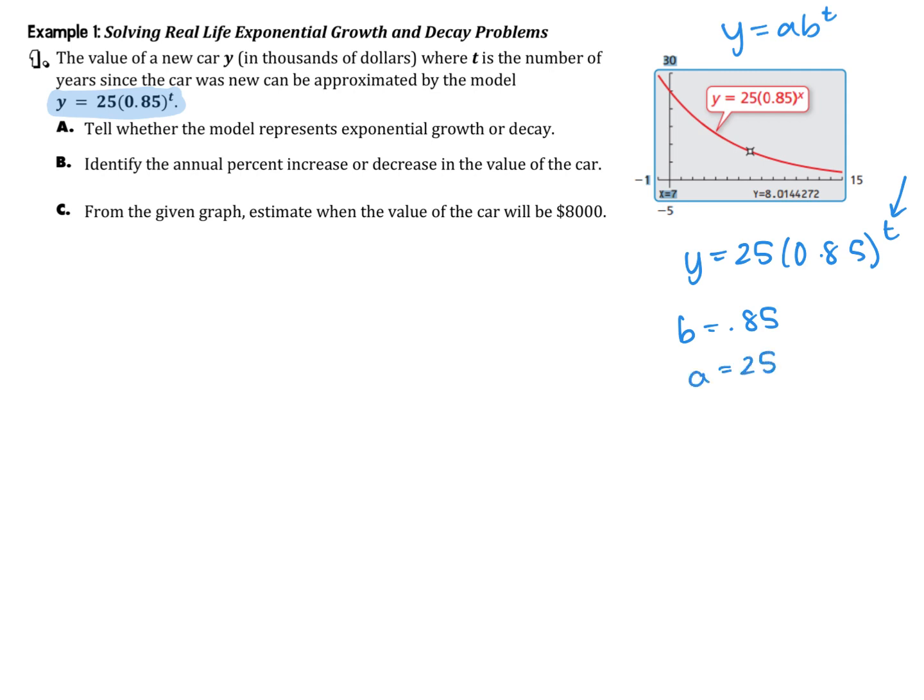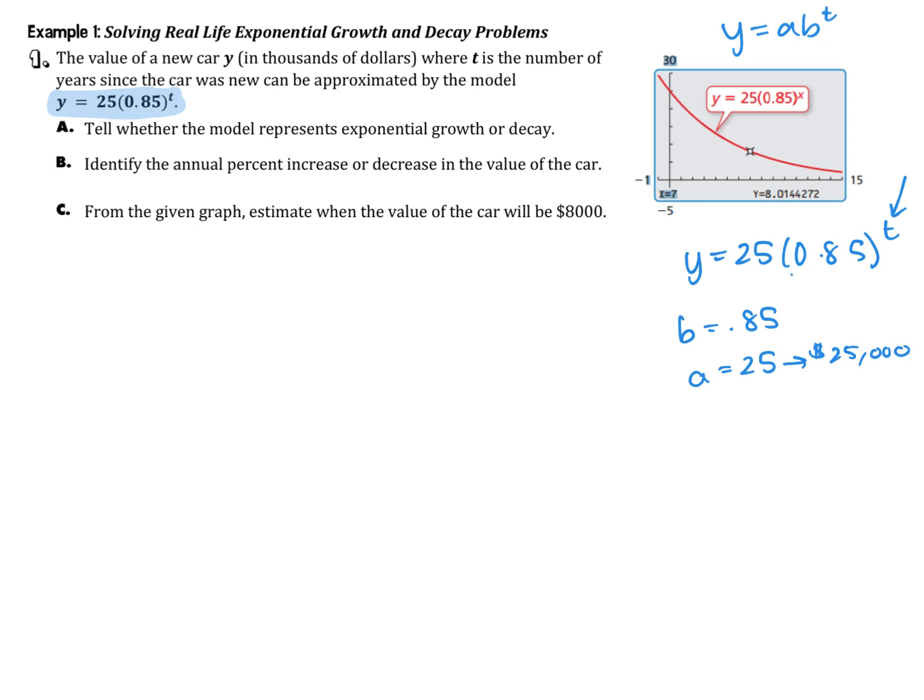And remember, 25 actually means $25,000 in the context of this problem. All right, now that we've identified the different pieces, so the car's original value was $25,000, we can talk about whether this is growth or decay.